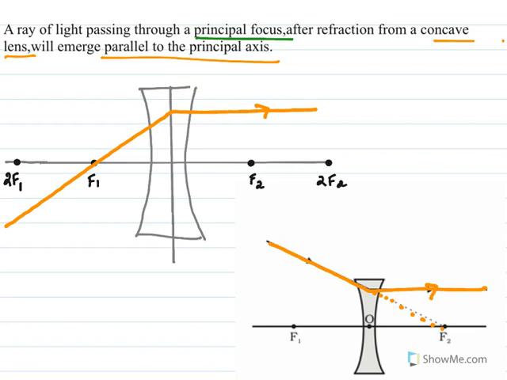Like if we were to draw this ray, for example, I take a ray like this that is heading for the principal focus. After refraction, it would go parallel to the principal axis. This is rule number 2.